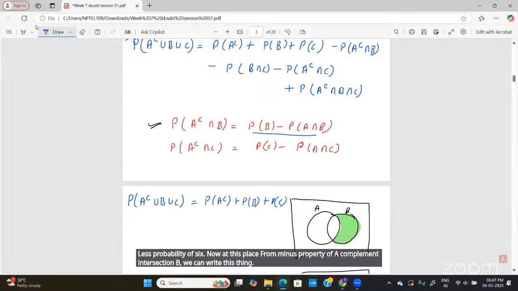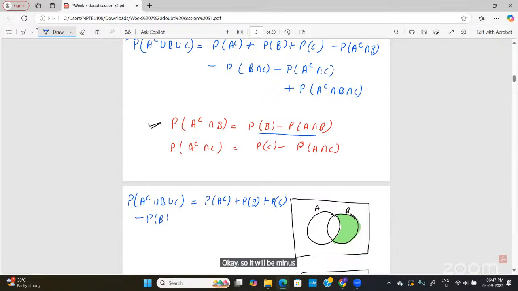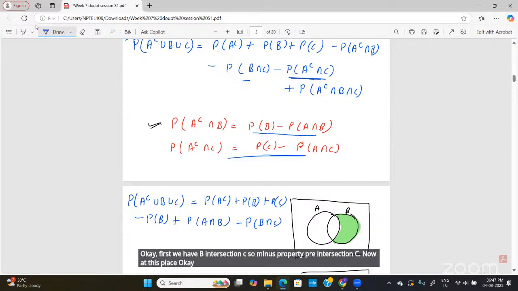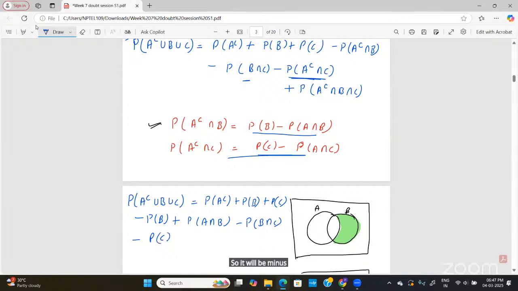So it will be minus probability B, and minus minus plus probability A intersection B. Similarly, we can do for A and C also, right? First we have B intersection C, so minus probability B intersection C. Now at this place we have to write this formula, so it will be minus probability C and plus probability A intersection C. Now we have this one.